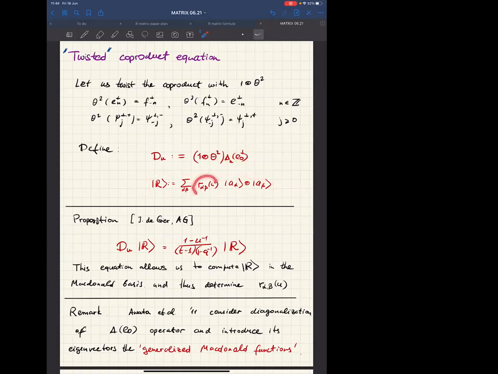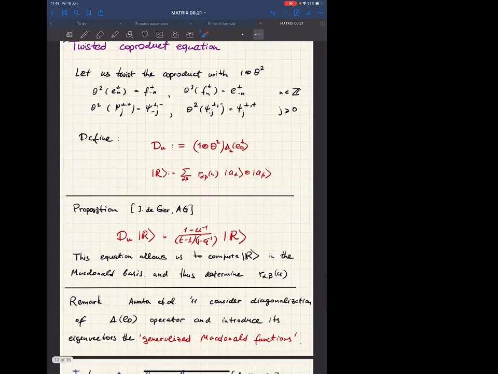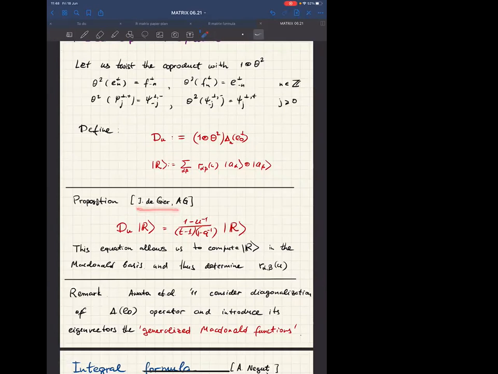I take the unknown coefficients that I want to compute and put them together with a tensor product of 2 vectors. Then there is a theorem in our paper with Jan that says this vector R has to be an eigenvector of this twisted coproduct operator. This equation allows us to calculate the coefficients R recursively, and it's explained in our paper.